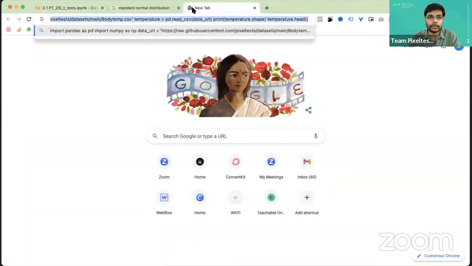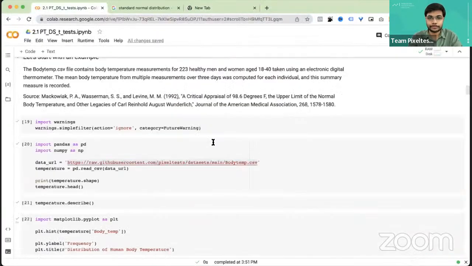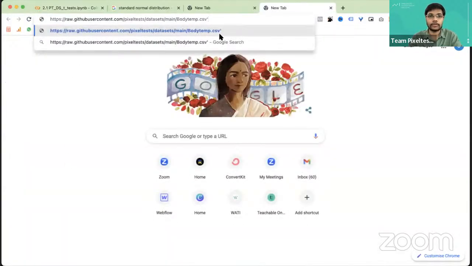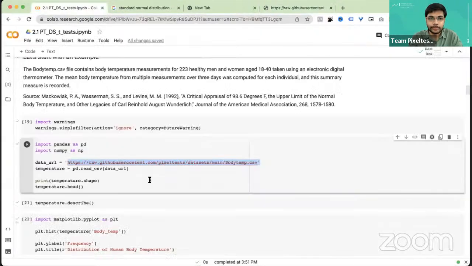Okay, did it copy the whole thing? Okay. So if you see, it has IDs, different people are there, and it has their temperatures measured here, right? So different IDs and different temperatures.